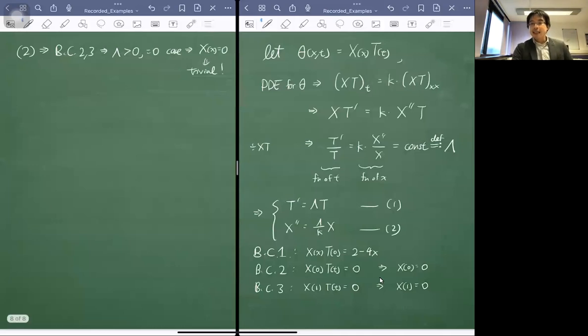Because if this is positive, then you will get exponential or hyperbolic functions, which is impossible to match these two boundary conditions. If this is 0, you get a linear function, which is 0.